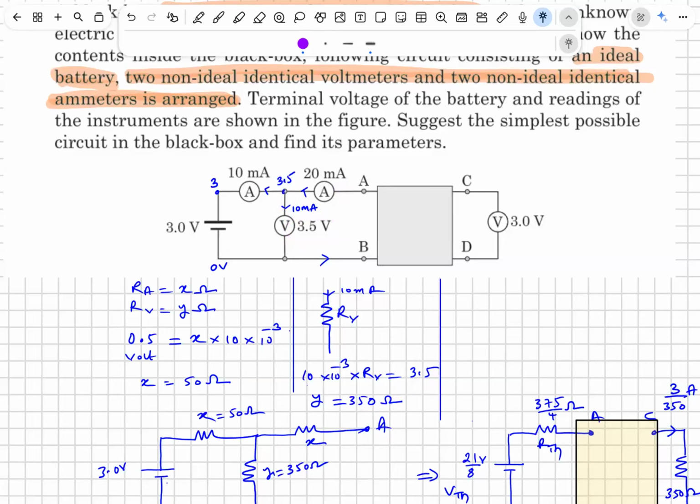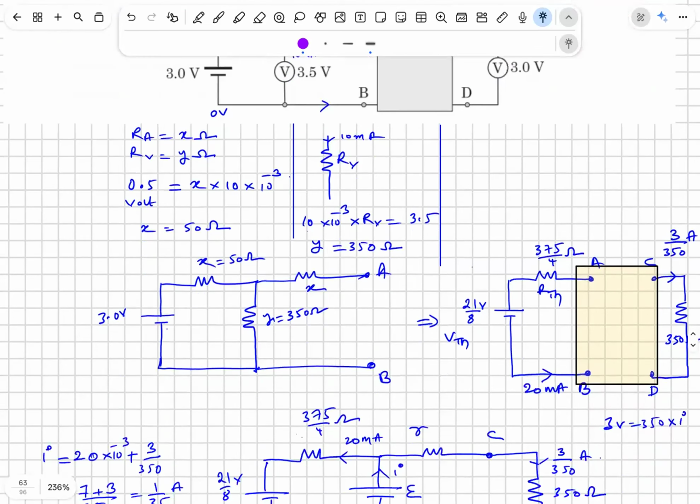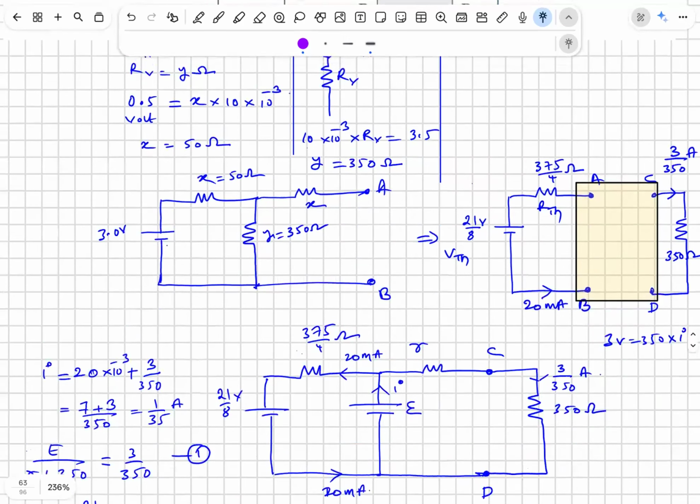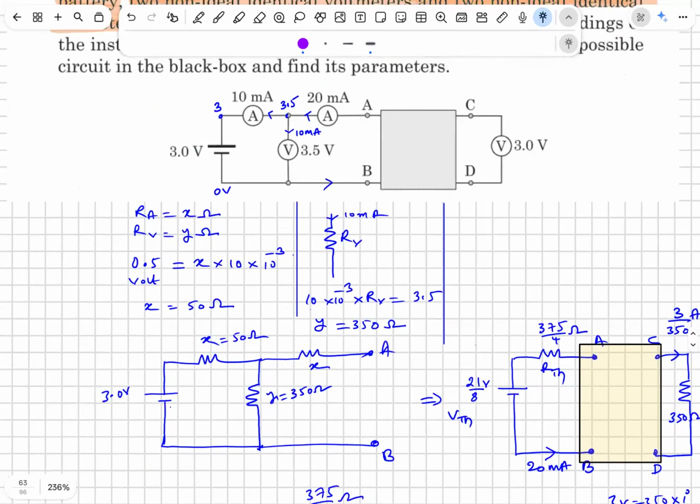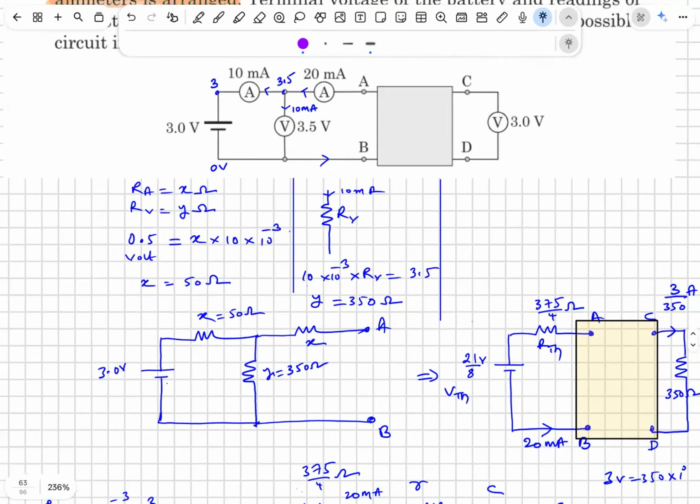And I know the current through this also, because it is 3 volts and I know the resistance of this. Finally, I have come to a conclusion that on the left side we have 3 volts, 50 ohm, 350 ohm, and again this is also 50 ohm.